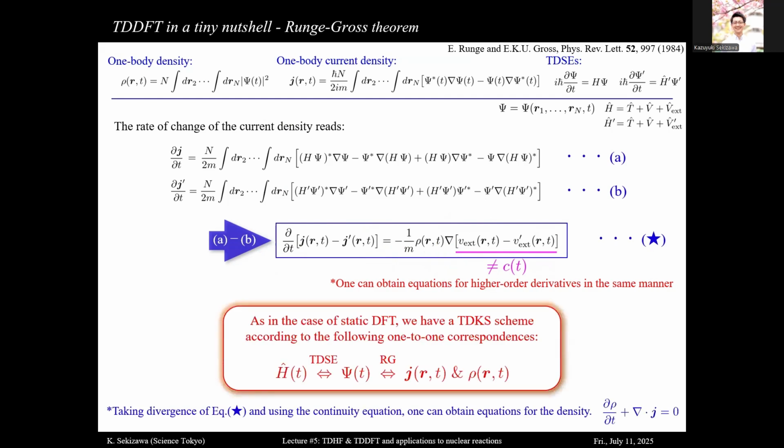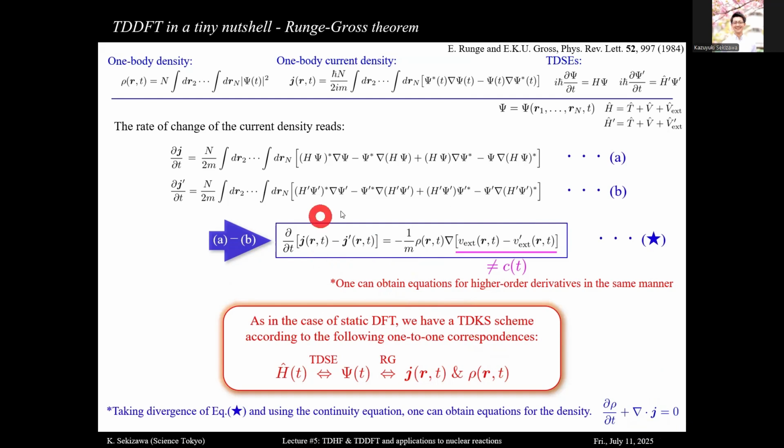And also, you can use the continuity equation. By taking the divergence of both sides of this equation, you have divergence J, and you can use the continuity equation to replace divergence J by the time derivative of the number density.